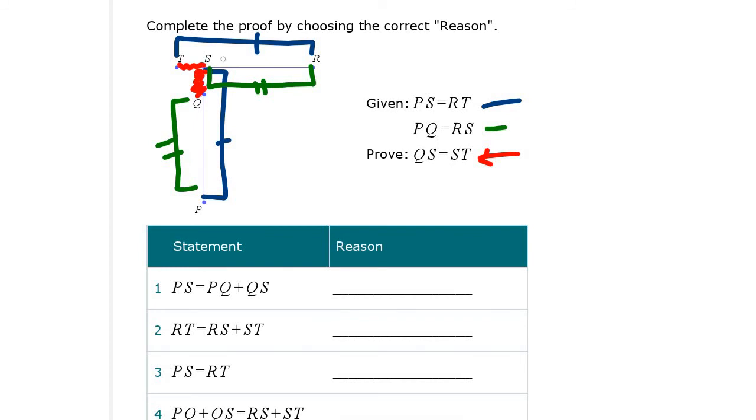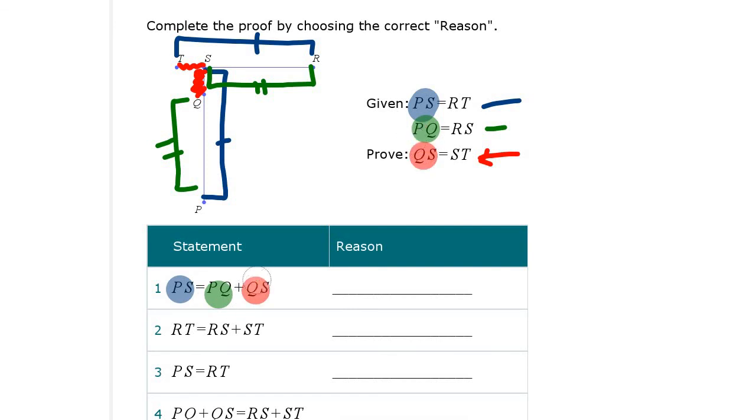So you can see at some point you're going to have to say the red and the green adds up to the blue. And that's what this is right here. This is PS equals PQ plus QS.